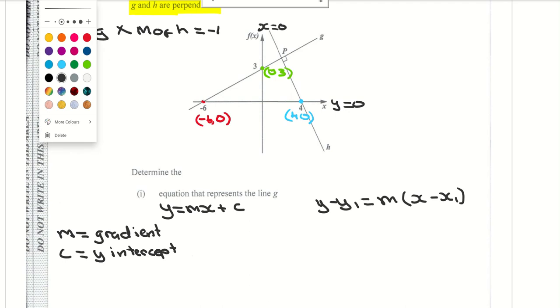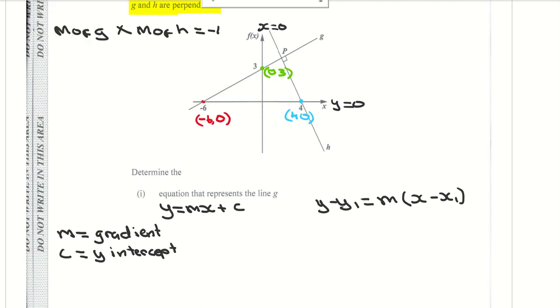So c is equal to 3. Once you know the coordinates at which the line intersects your y-axis, that would be your c. That is one way, and then I'll show you the next way.